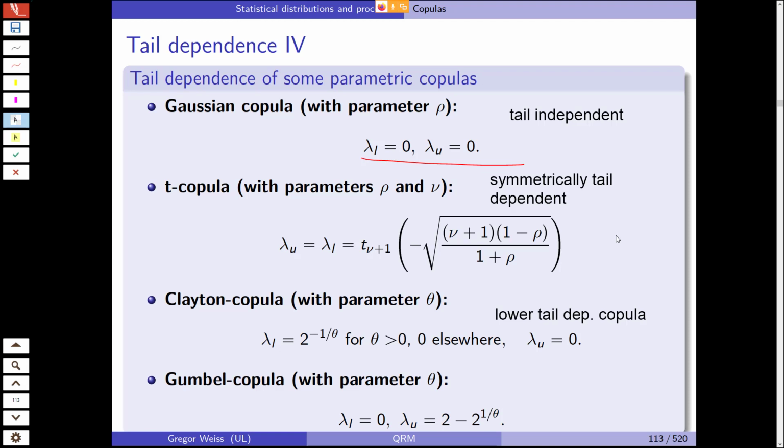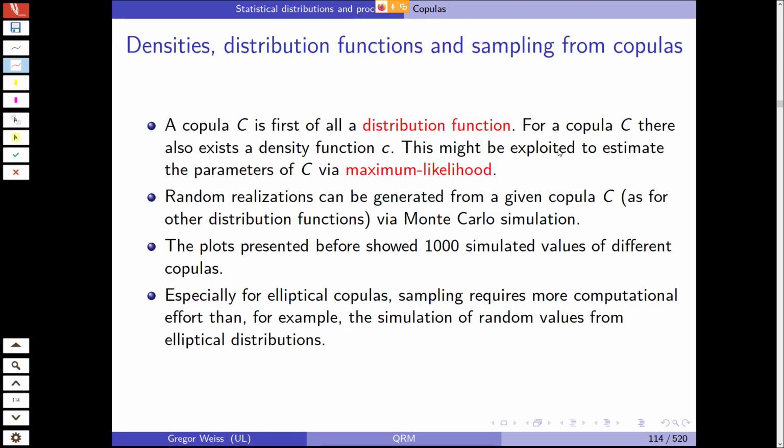Ergo, the Clayton copula is frequently used in financial applications because we can model crash risk and tail risk with it, and it does not put too much emphasis on a joint boom. And the Gumbel copula is upper tail dependent.